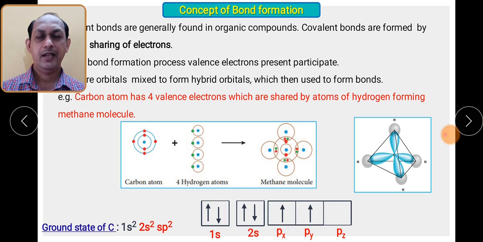After K there is the L shell, which can accommodate 8 electrons, but presently there are only 4 electrons. If 4 more electrons get occupied, the octet will be completed for carbon. Here px has a single electron, py has a single electron, while pz is empty. This is the ground state electronic configuration.